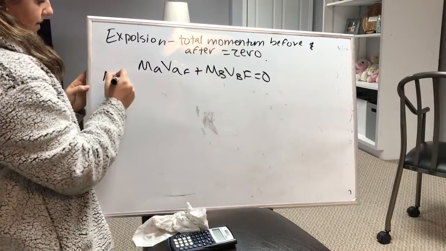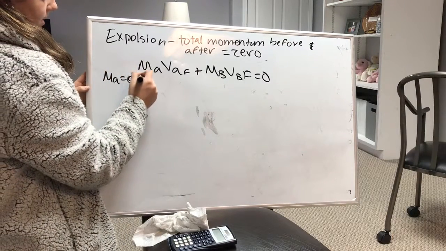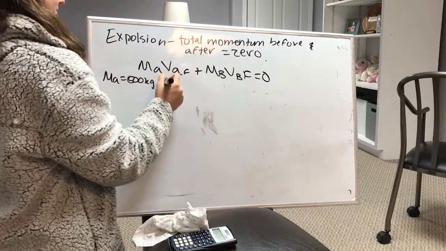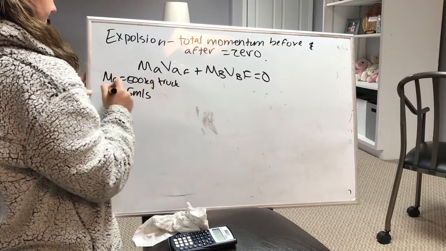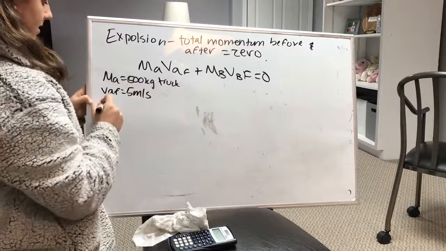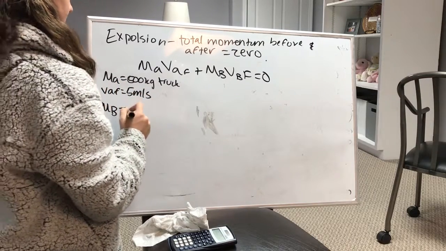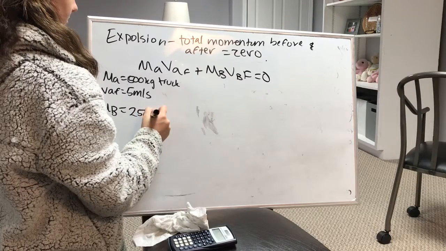So say we're given the mass of A is a 500 kilogram truck with a velocity of 5 meters per second. Mass of B is a 250 kilogram truck.